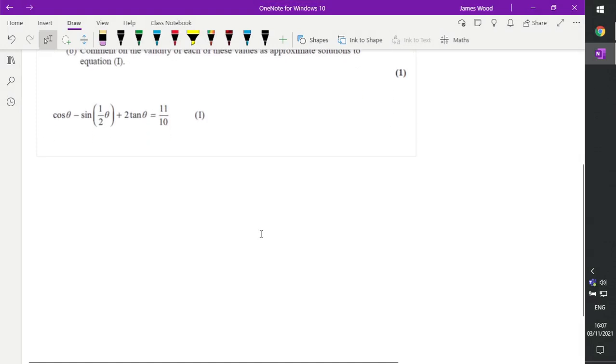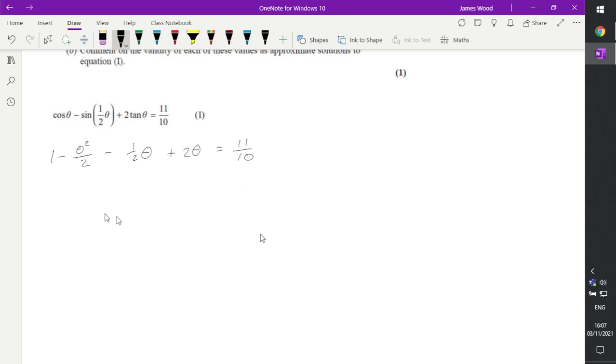The first thing to do is replace cos θ with its approximation. That's 1 − θ²/2, minus sin of a half θ. Remember that it just approximates to whatever the angle is, so that's going to be minus half θ. And then plus 2 tan θ, so that's plus 2 times θ, since tan θ approximates to just θ.